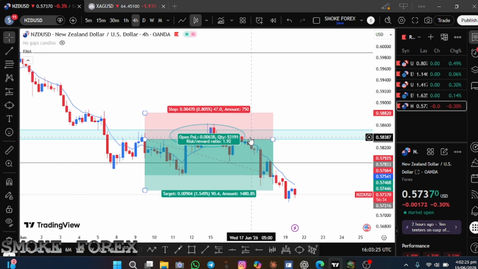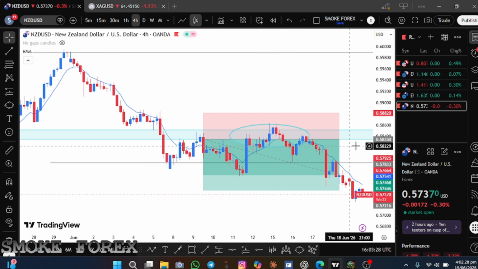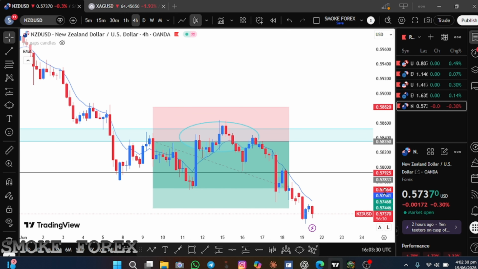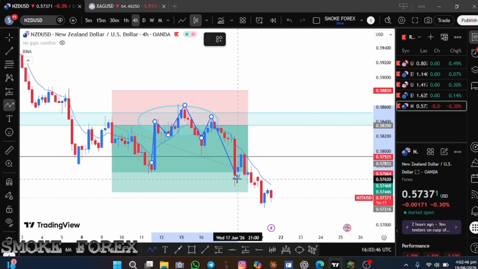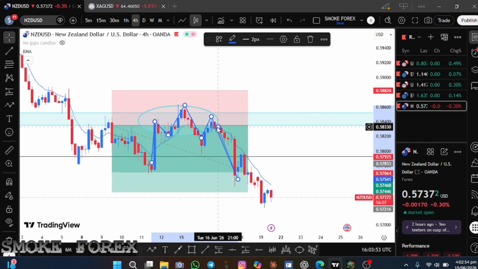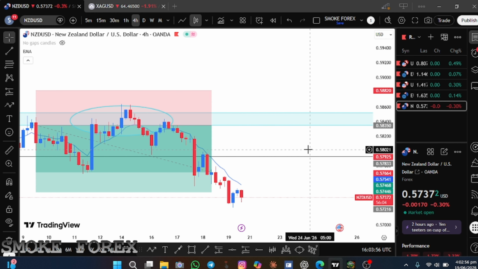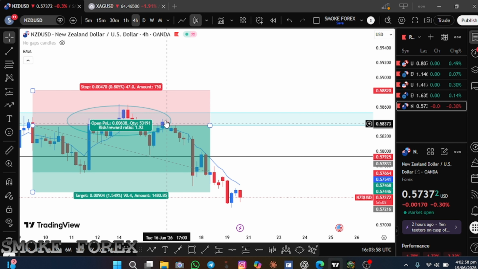You can see clearly on the 4-hour, price did my favorite chart pattern, the head and shoulders pattern. You can see we have our left shoulder, our head, and the right shoulder. Price broke, and I could call this a potential retest anyway. I entered the trade over here the moment I saw this.